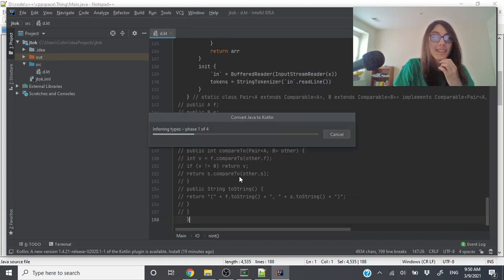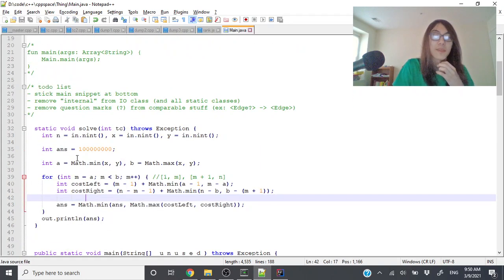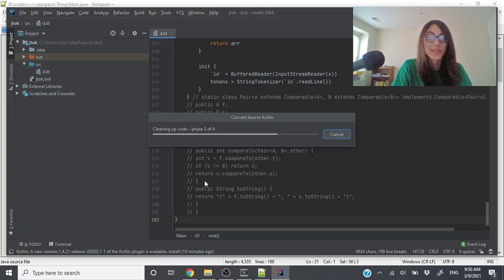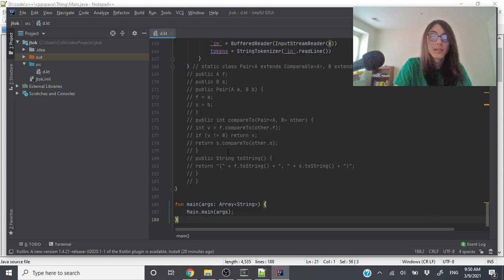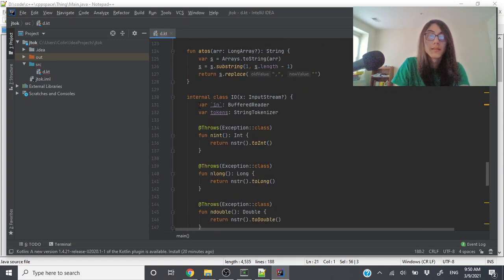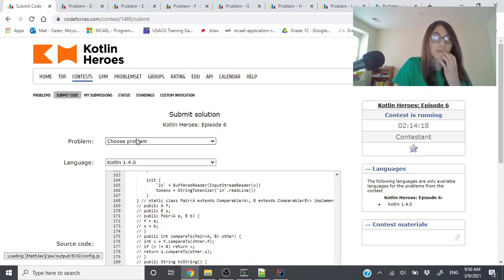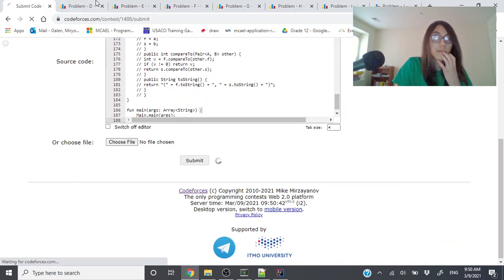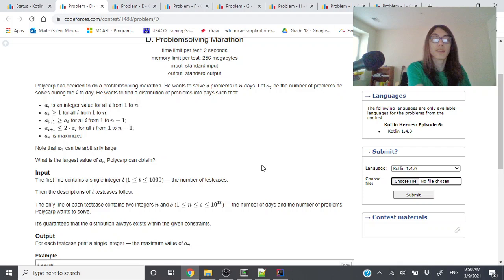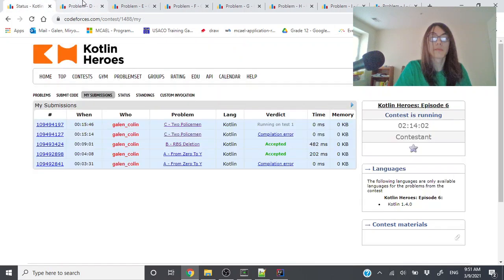You can probably count on one hand the number of times I'm going to forget to actually convert it to Kotlin. a_i is an integer value, sure. a_i is greater than 1. Cool.